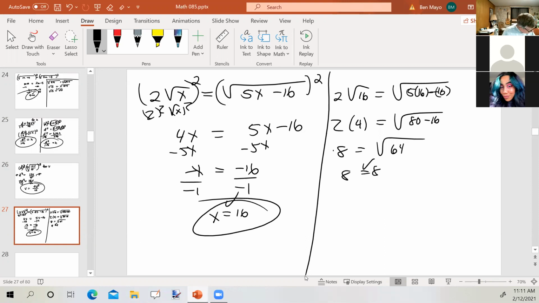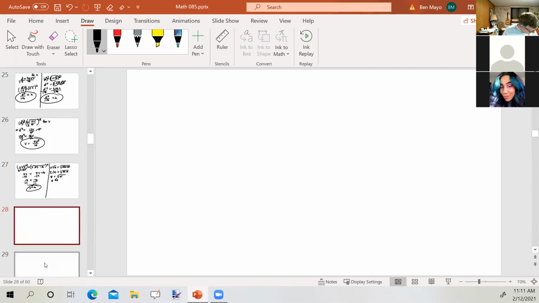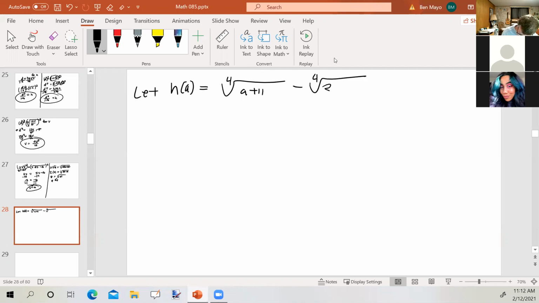Okay, let's see here. How about this one? It says, let h of a equal the fourth root of a plus 11 minus the fourth root of 2a plus 6.